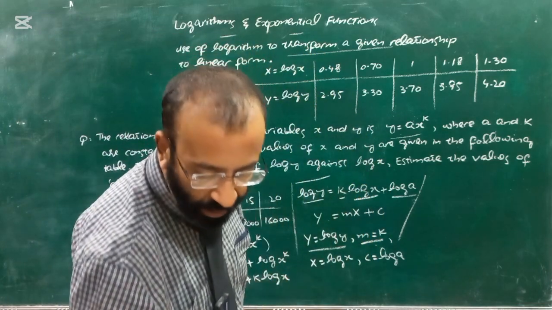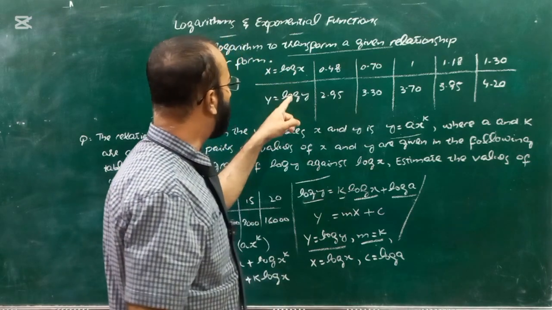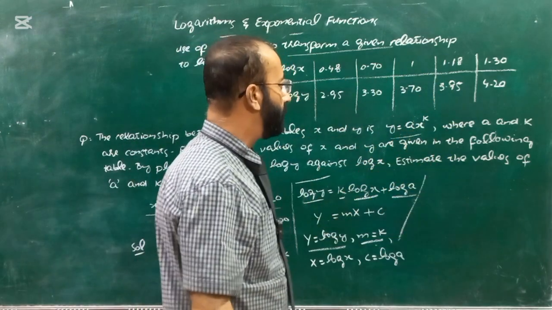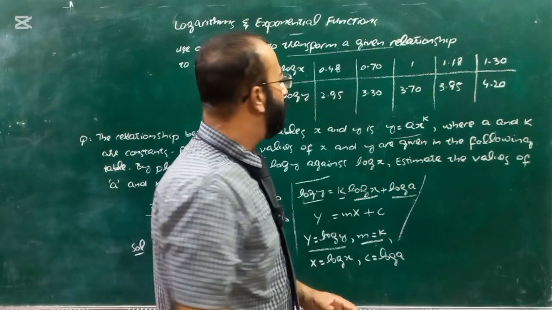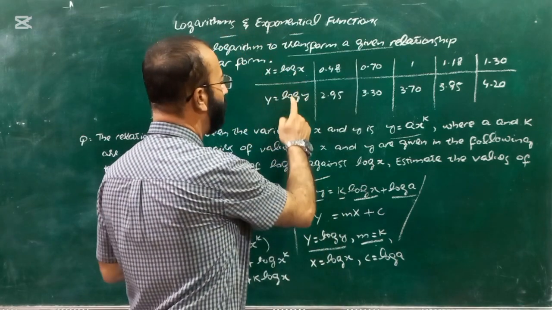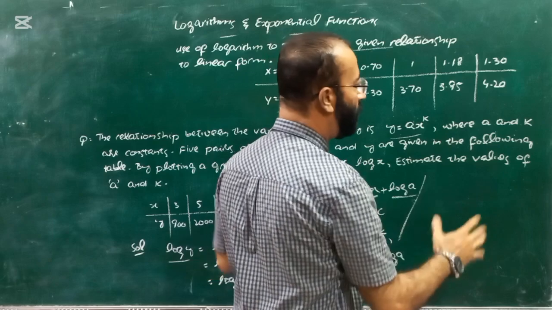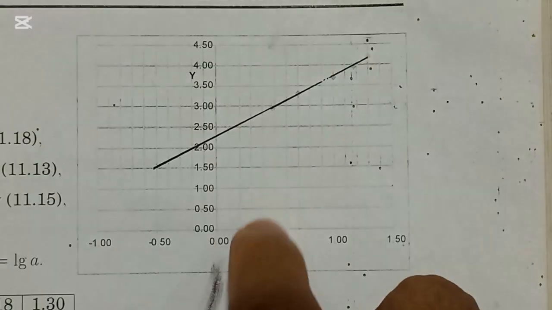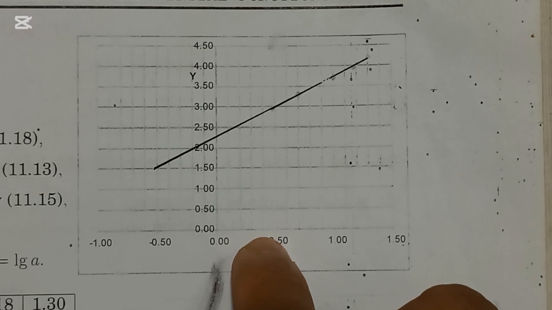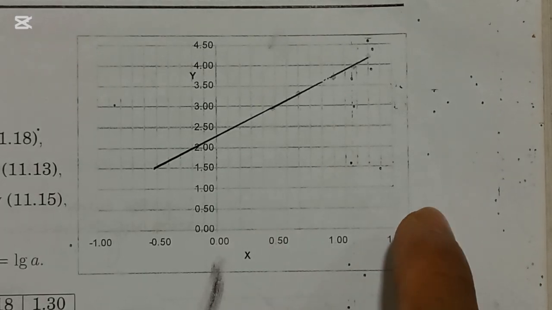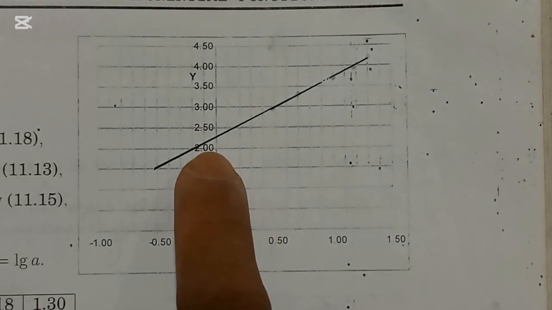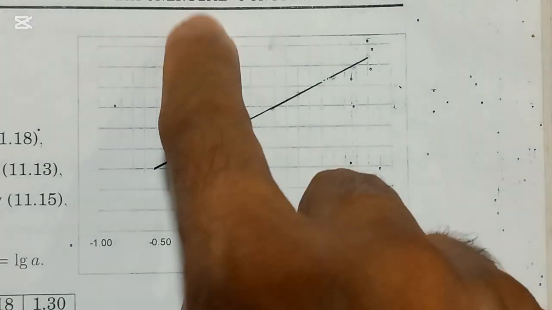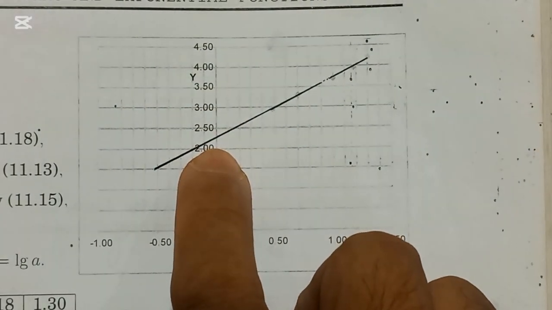So now we will plot these values of log of x and log of y on a sheet of graph paper. Here is the graph of log of x and log of y. If you can see, this is the point at which the graph is cutting the y-axis, that is 2.25.